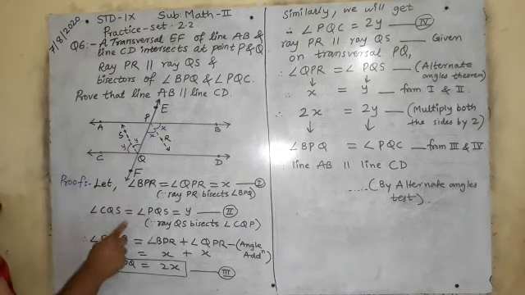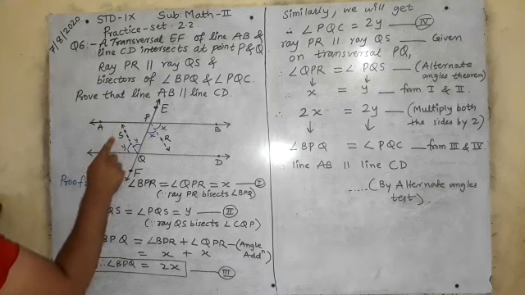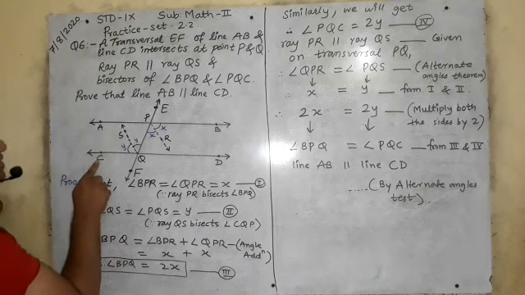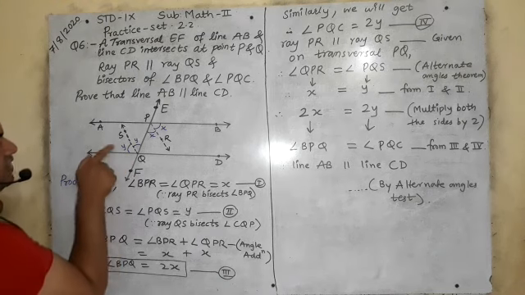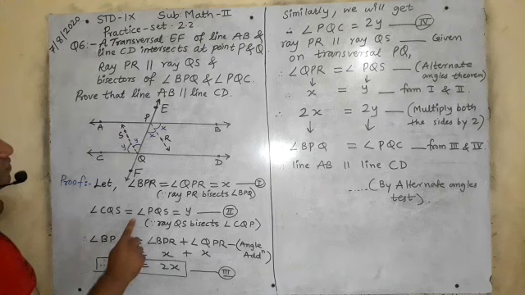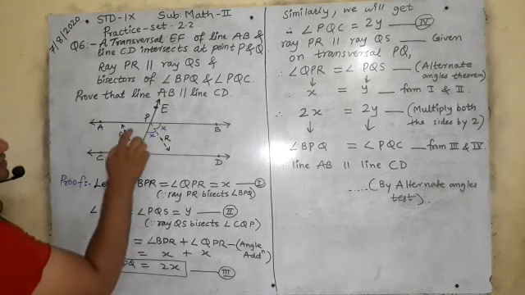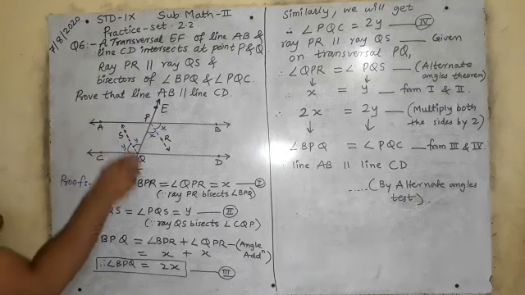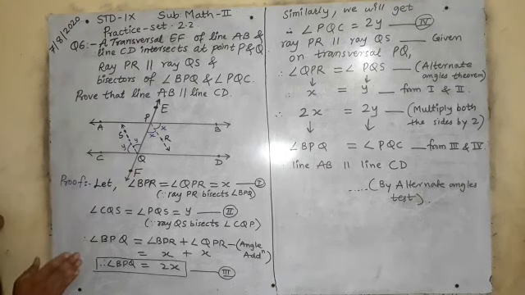Okay, can you see CQS is equal to PQS. Is it clear? CQS, from here this angle CQS, is equal to angle PQS, this angle. Now we are talking about these two angles. So ray QS is an angle bisector.